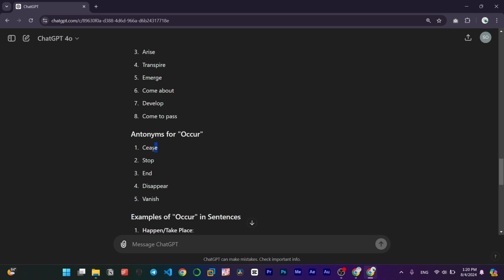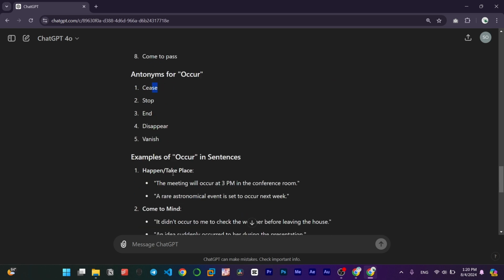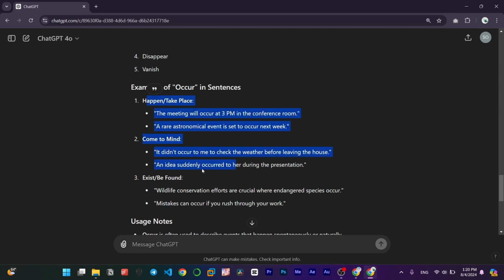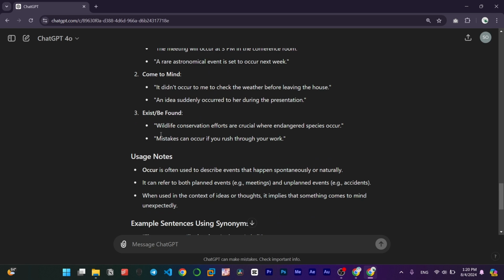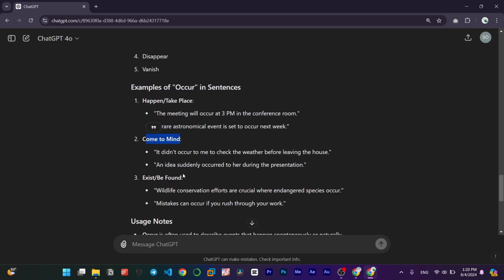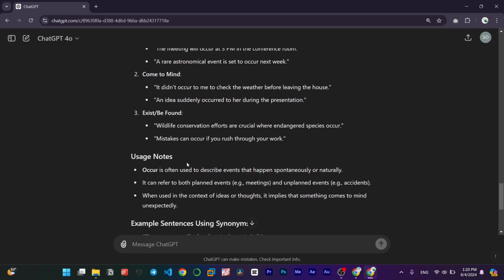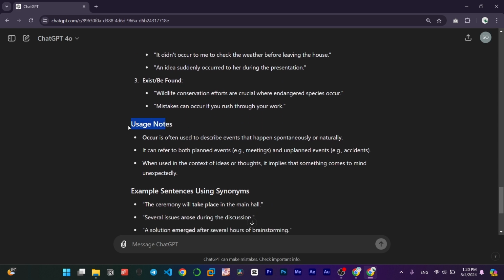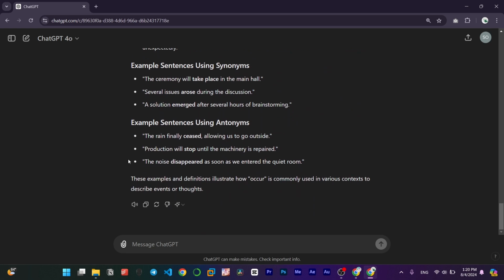So antonyms: cease, stop, disappear, and vanish. And examples, as you see, these are various examples that you can see come to mind. And these are other great synonyms that can be used in some of the usage notes. And finally, we have some examples.